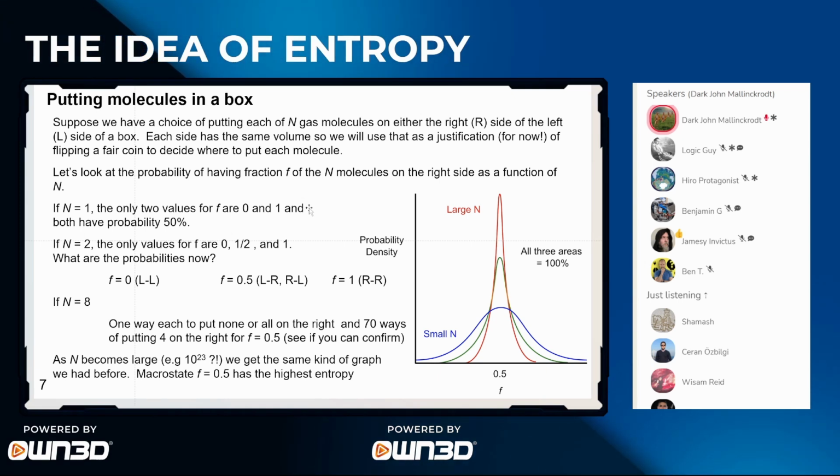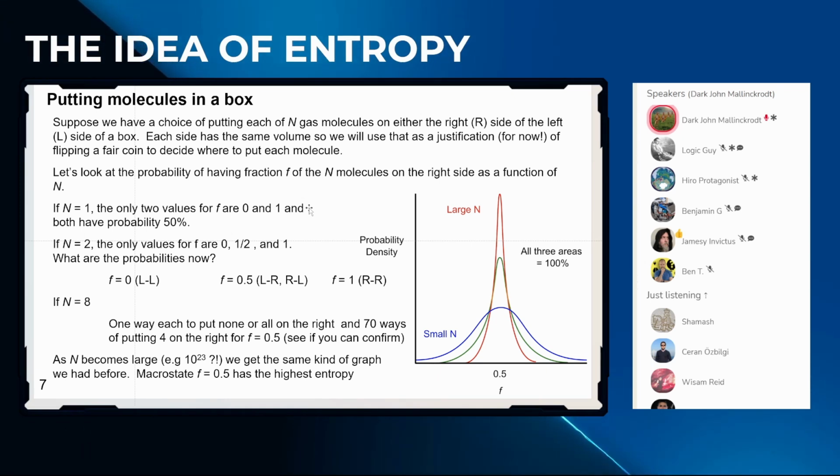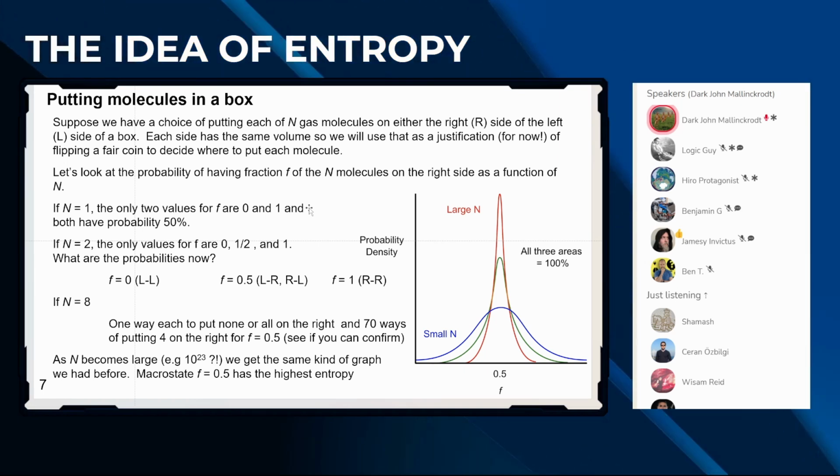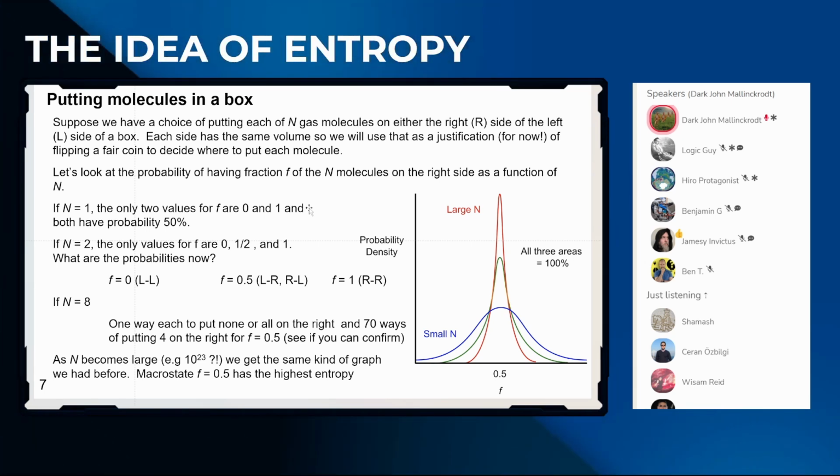How many places can you put a molecule in a box? It turns out that you can actually talk about that question meaningfully. We're not going to get down to the quantum level here.